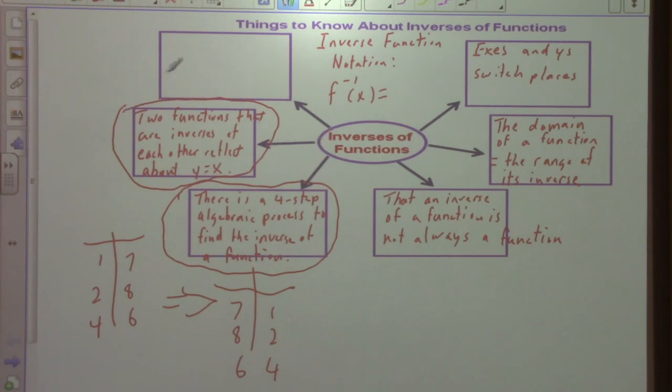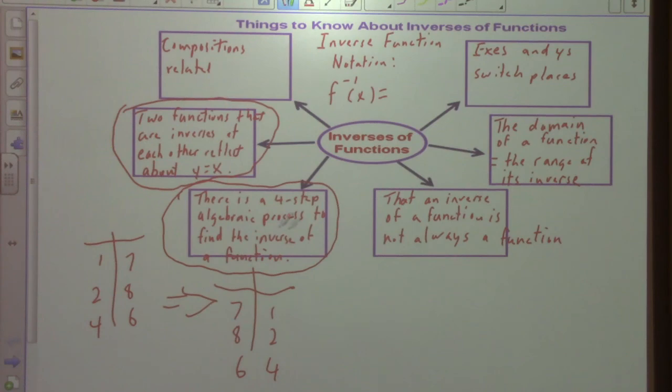This other one here has to do with compositions of functions. I'm not going to write the whole thing down. I'm just going to put compositions related. We're going to get into composition of functions in pre-calculus. So evaluating composition of functions is a final way.